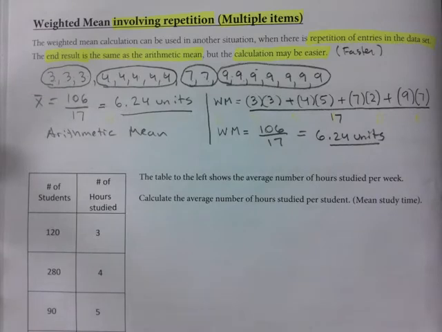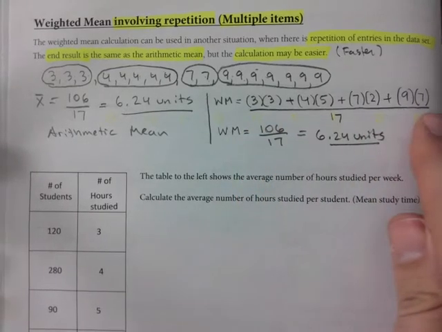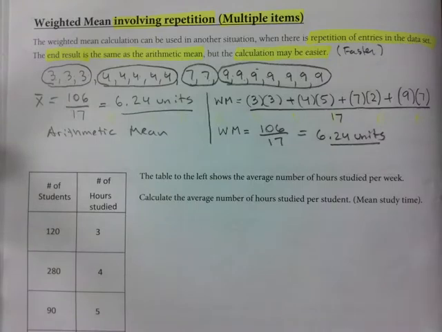Can you imagine adding like 100 sevens and not making a mistake? Like it would just be too much work. So that's when we use the weighted mean method, which always involves multiplying and then dividing by something. And it's the dividing by something that is probably the trickiest to figure out.